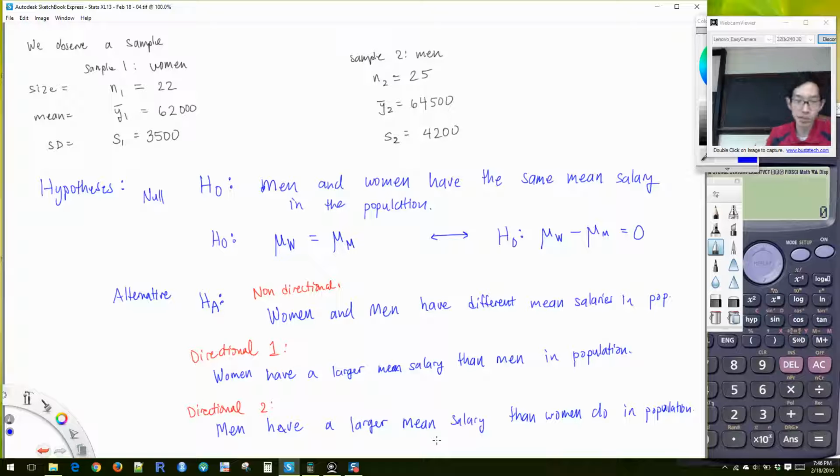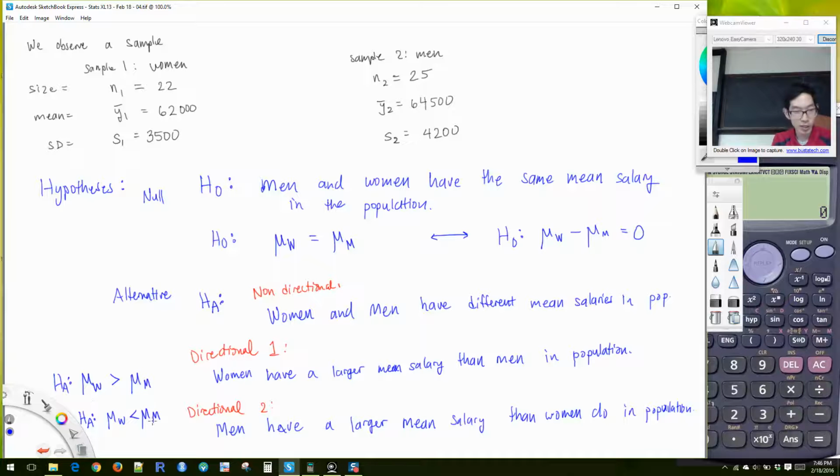So directional alternative 1 symbolically would be mu for women is greater than the mu for men, okay? Over here, directional alternative 2 would be mu for women is less than mu for men.